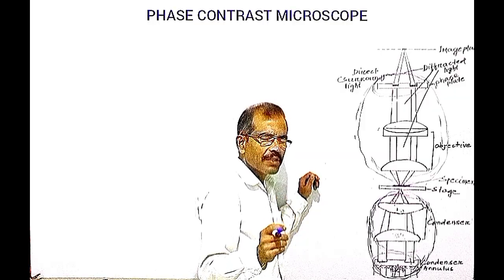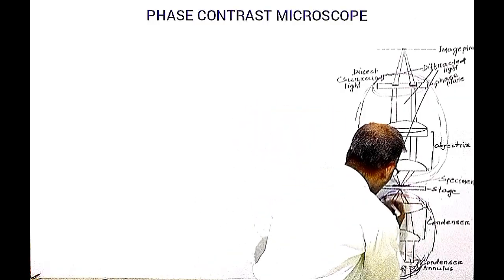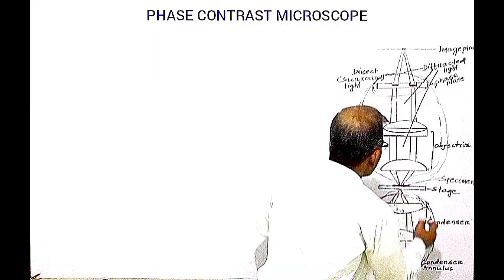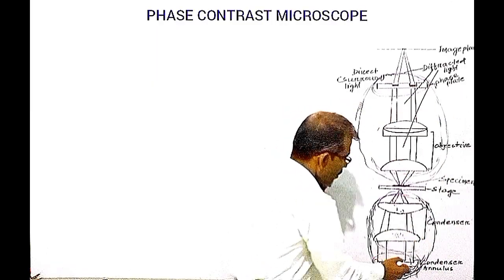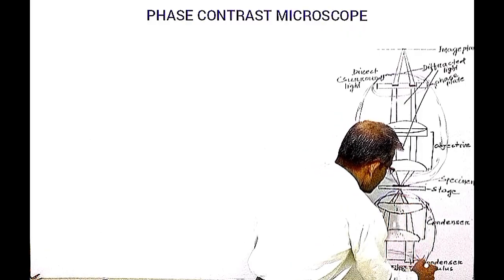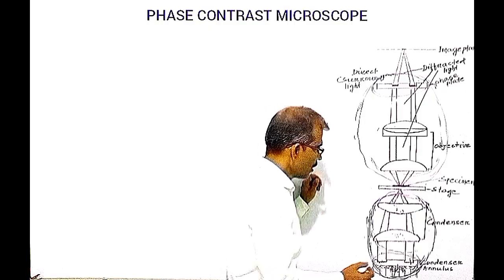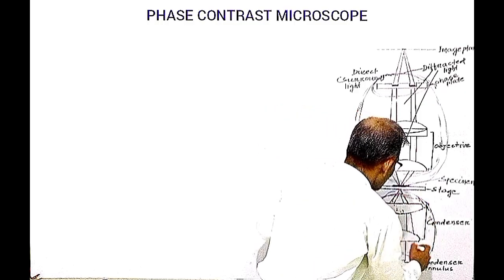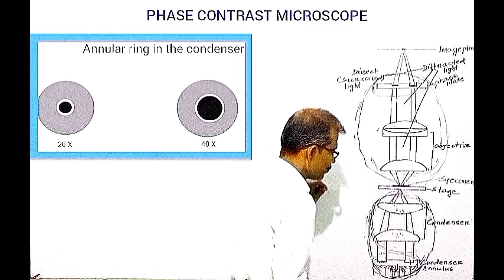Key components of a phase contrast microscope are an annular phase condenser and a phase contrast objective. The annular phase condenser, which produces a hollow cone of light, is composed of the substage condenser and an annular diaphragm.